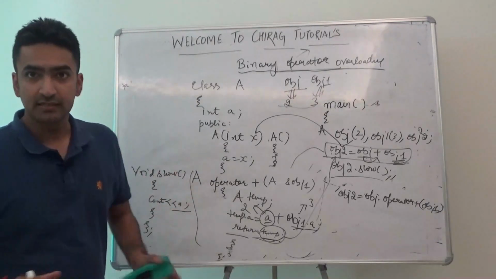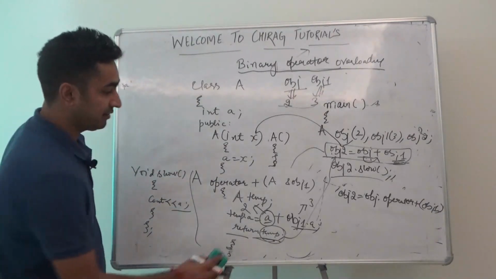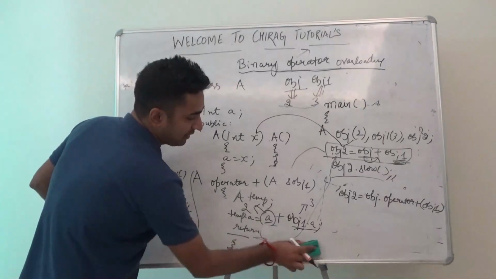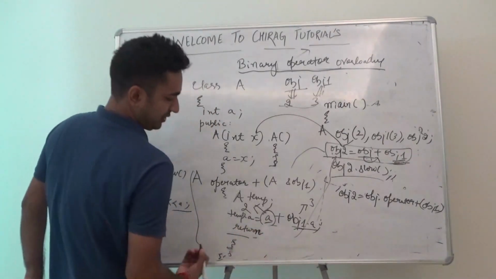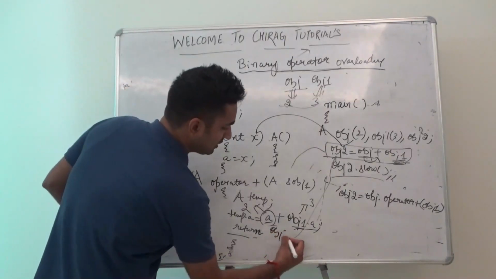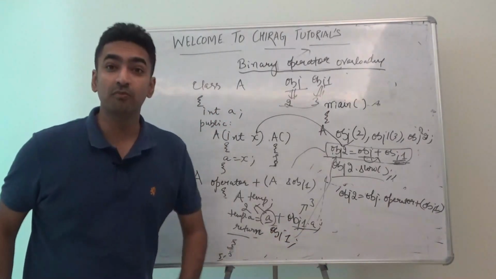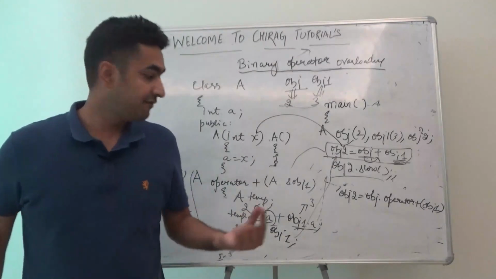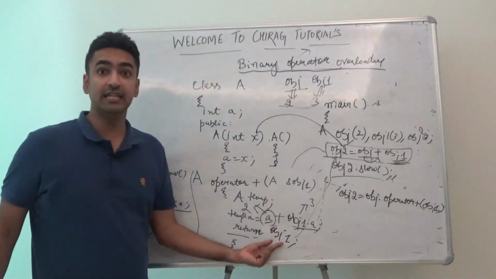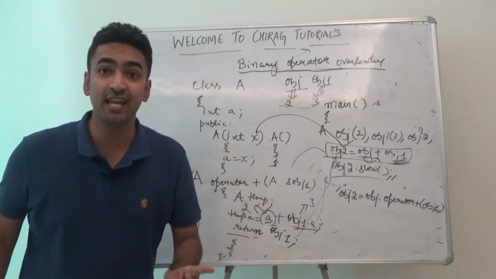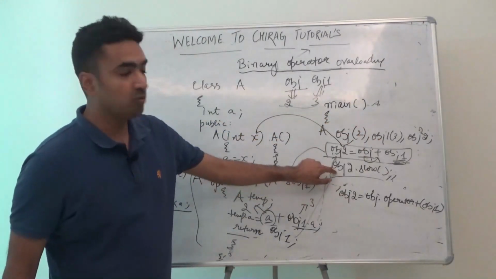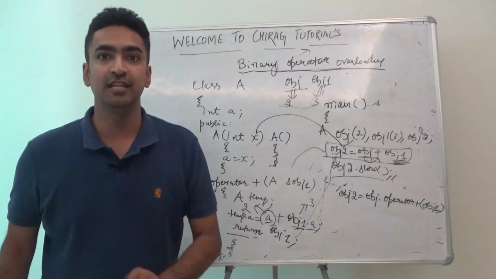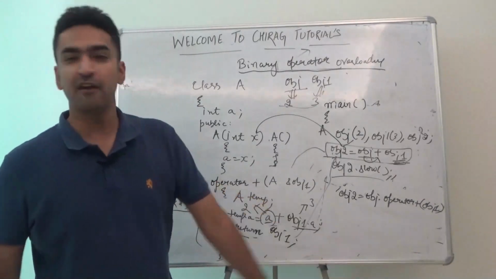Now there are many things that we can return. If I return, let's say, obj1 over here, so obj1 gets returned. Whenever obj1 gets returned, it means the value of a for obj1 was 3. So over here obj2 dot show will give us 3, irrespective of whatever we have added.